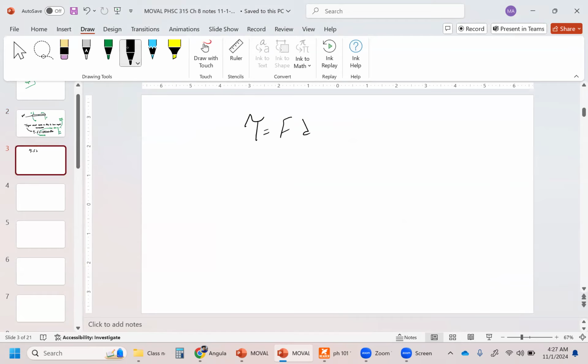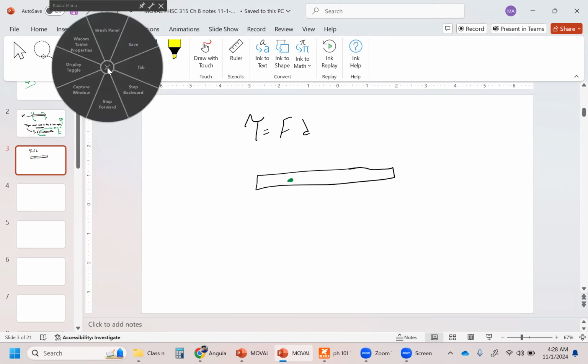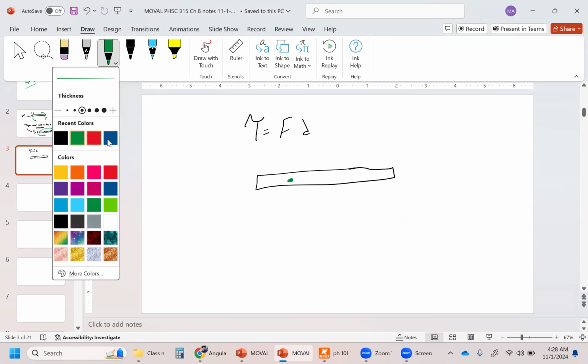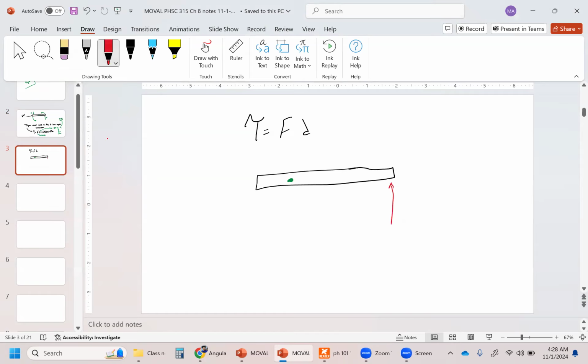So let's go back to our ruler example. Let's say we have another ruler right over here. Boom. And let's say I'm going to put the nail on it right over there. And let's say I put a force right over here. This force is going to be 5 newtons at a distance of 10 meters.